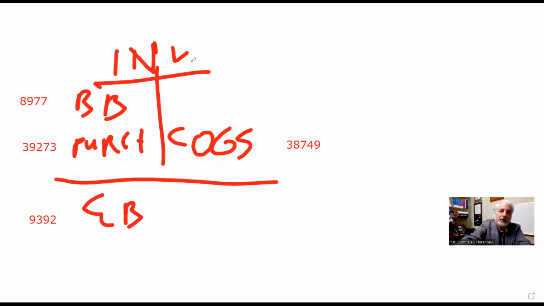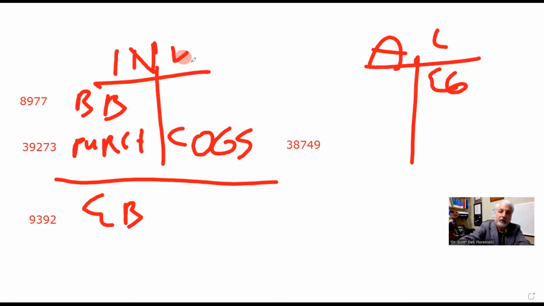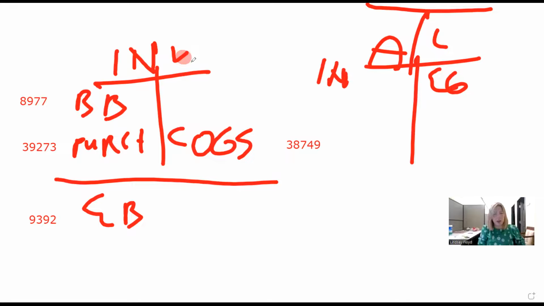We're going to draw that little picture of our assets, liabilities, equity. Where is this 38,749 coming from? It's the beginning balance in inventory. We add our purchases. We subtract our ending balance. And this is the offset.